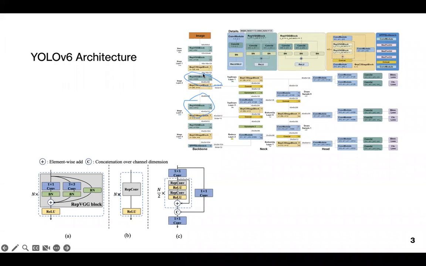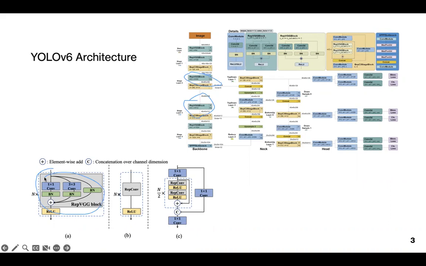So each RepBlock is converted to stacks of 3x3 convolutional layers denoted as RepConv, which we can see here, with ReLU activation functions during the inference phase. The EfficientRep backbone sufficiently utilizes the computing power of the hardware, resulting in a significant decrease in inference latency while enhancing the representation ability in the meantime.